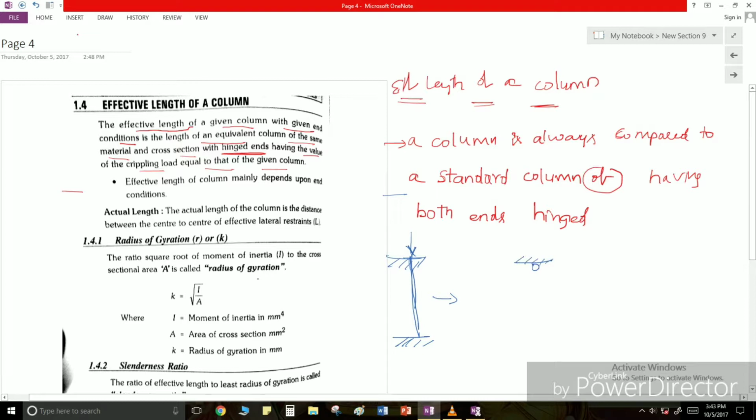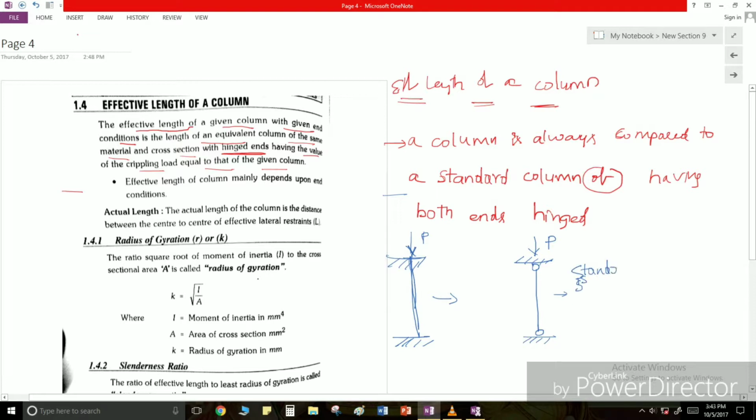I'll write here: this is the given column, and this is the standard column.